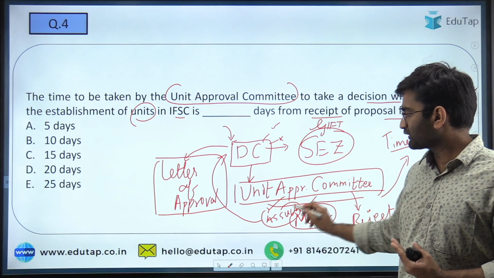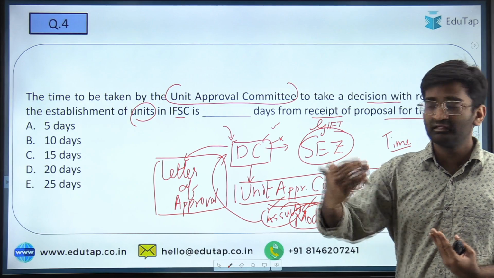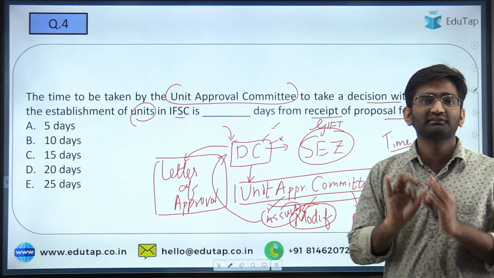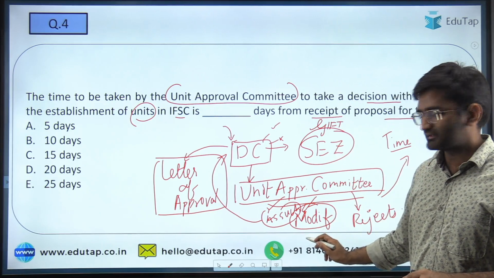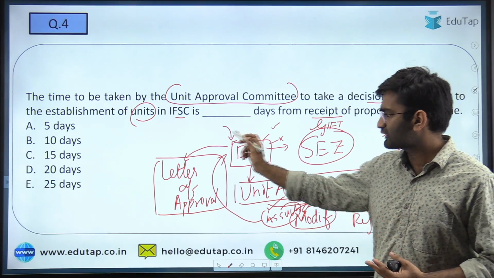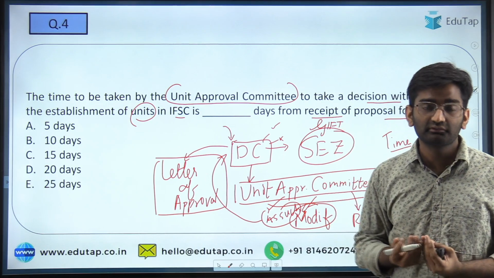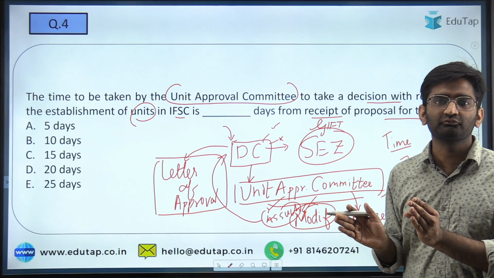If the unit approval committee says that whatever application has come is okay, we approve it as such, then the development commissioner comes up with the same letter of approval. Now, if the unit approval committee makes modifications, then the development commissioner can also make his own modifications and come up with a modified proposal, saying okay, you have proposed this, but you need to go with this. This is our letter of approval.